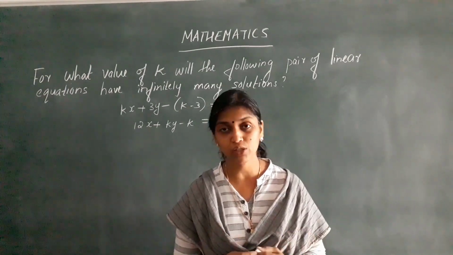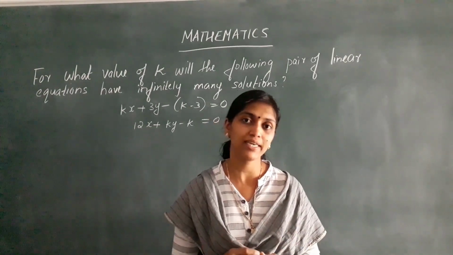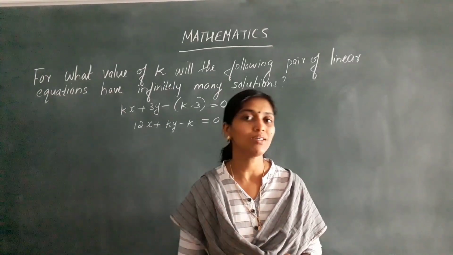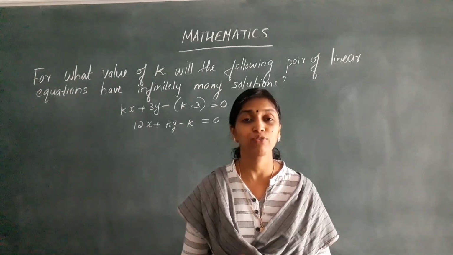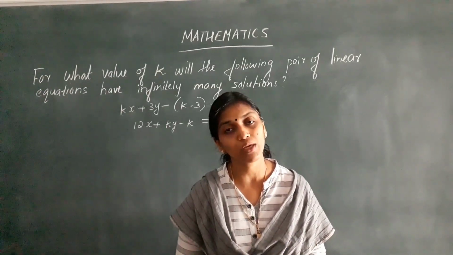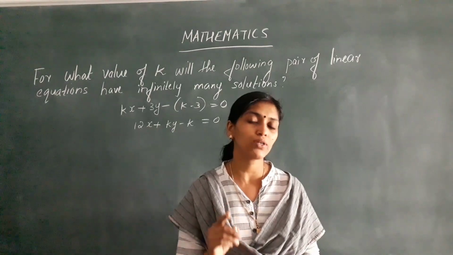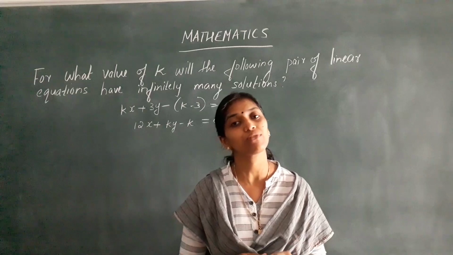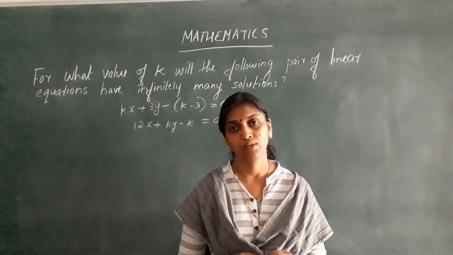For infinitely many solutions, that is the coincident case, a1 by a2 equal to b1 by b2 equal to c1 by c2. And for no solution, that is parallel lines, a1 by a2 equal to b1 by b2 not equal to c1 by c2. So using the relation we were finding the value of the unknown.